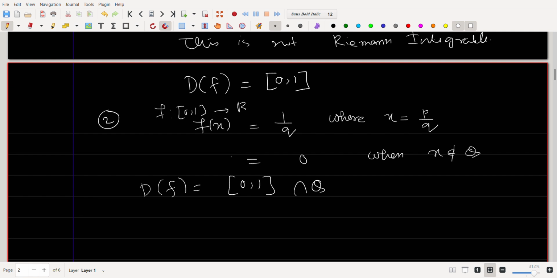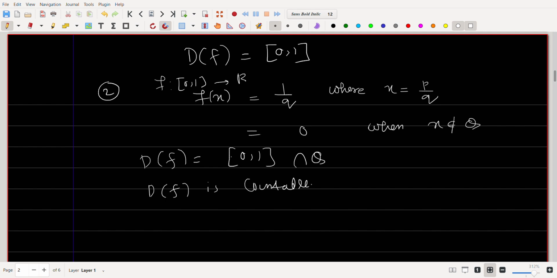So D_f is [0,1] intersection Q, and this is a countable set. So D_f is countable. Since any countable set has measure 0, it is Riemann integrable. If you want to prove it by hand, by estimating the upper and lower Darboux sums, or using the Riemann sum concept, it will be very difficult work.